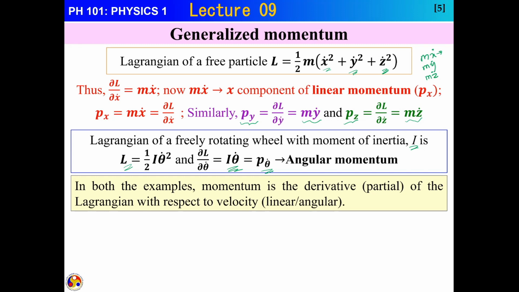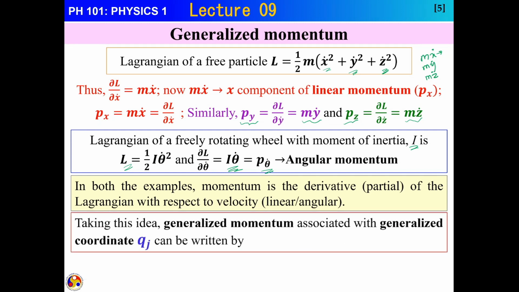If you see both the examples, what we say is the momentum is the partial derivative of the Lagrangian with respect to the velocity, giving linear momentum as well as angular momentum. So taking this idea, we can construct a generalized momentum concept associating with a generalized coordinate, say qj here.